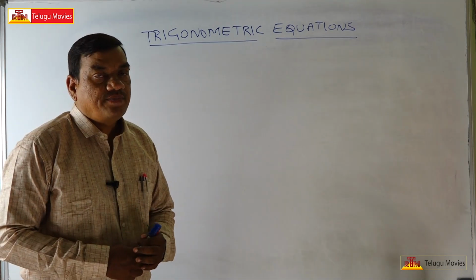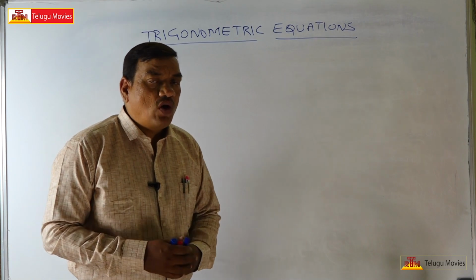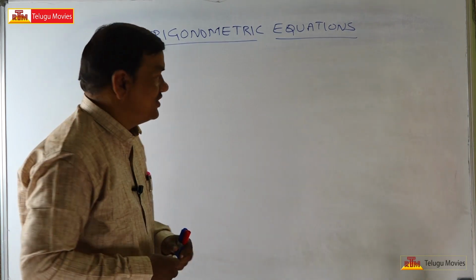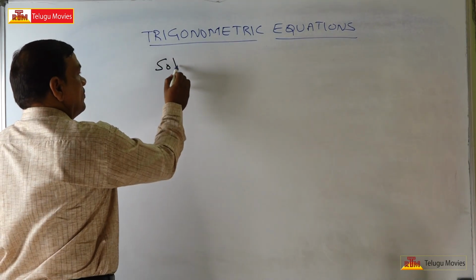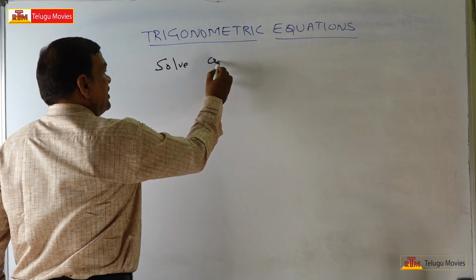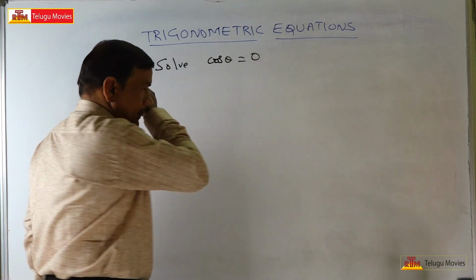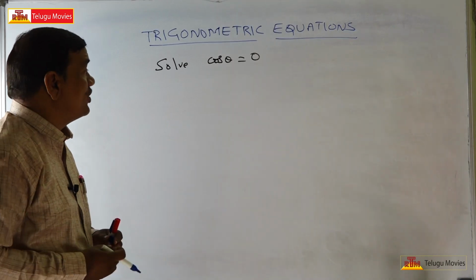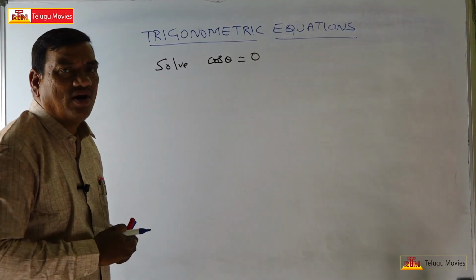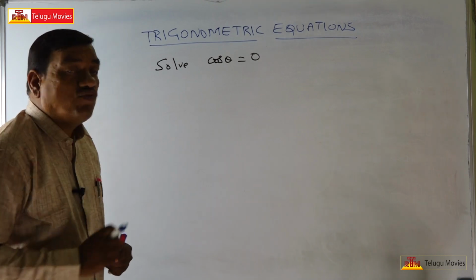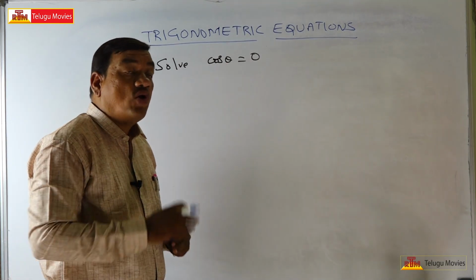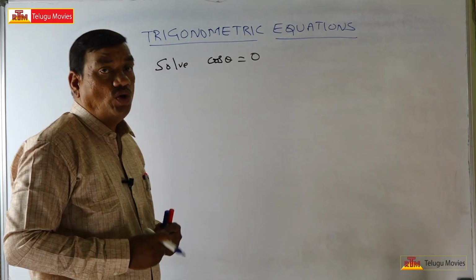Dear students, welcome back. I am going to solve another trigonometric equation. That is, solve cos theta is equal to 0. That is a very basic trigonometric equation. So I have to find out the values of theta for which cos theta is equal to 0.